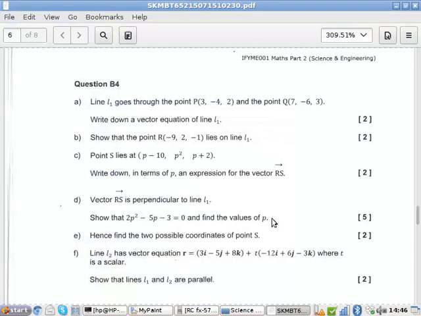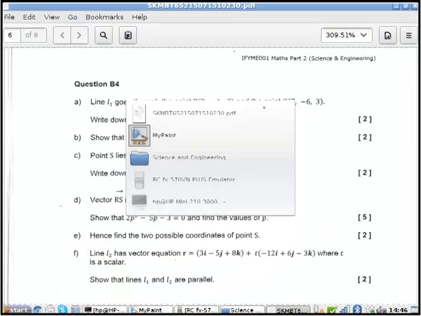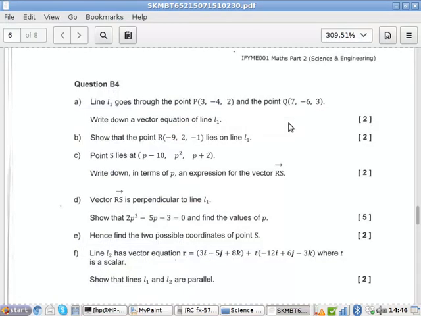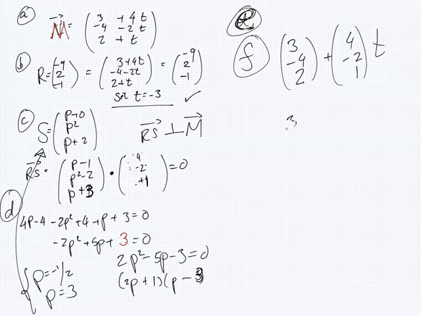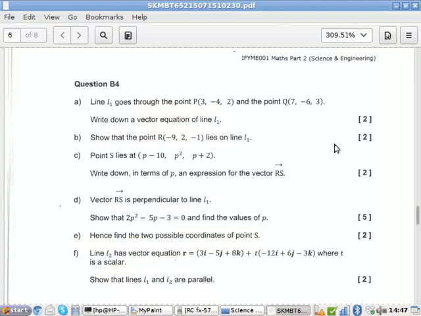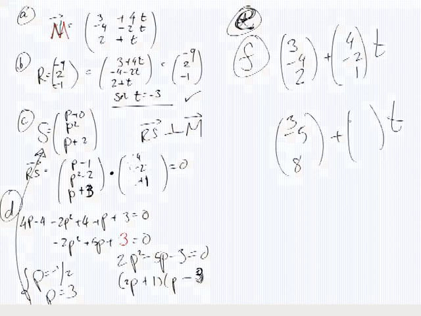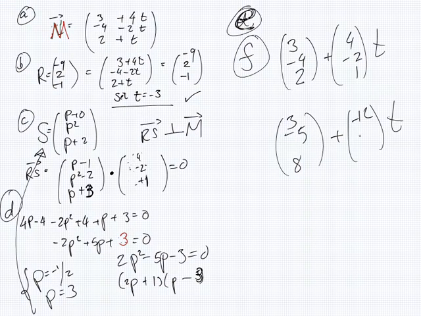Show that this line is parallel to the line we had at the beginning. So (3, -4, 2) plus t(4, -2, 1) is parallel to (3, -5, 8) plus t(-12, 6, -3).